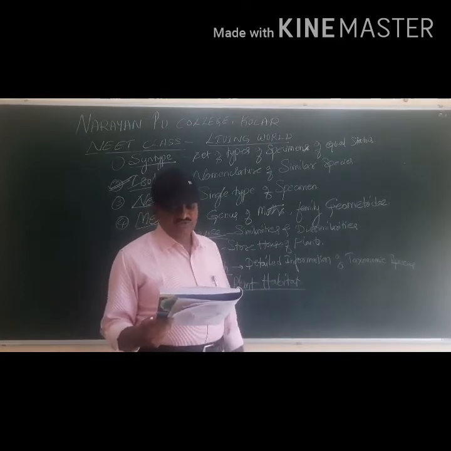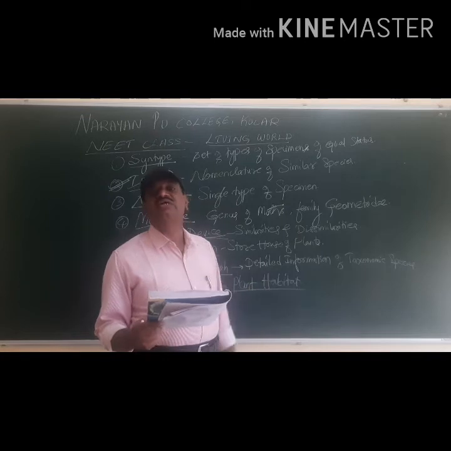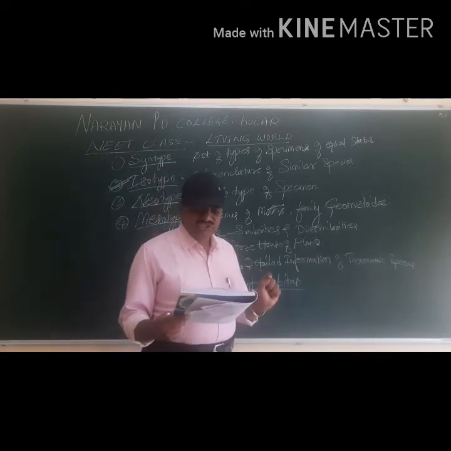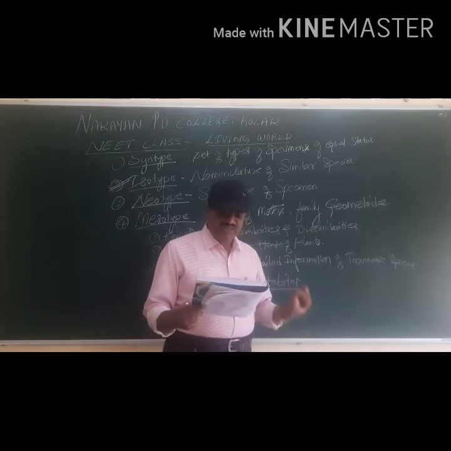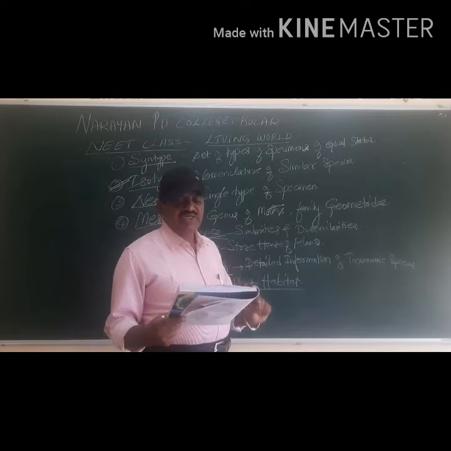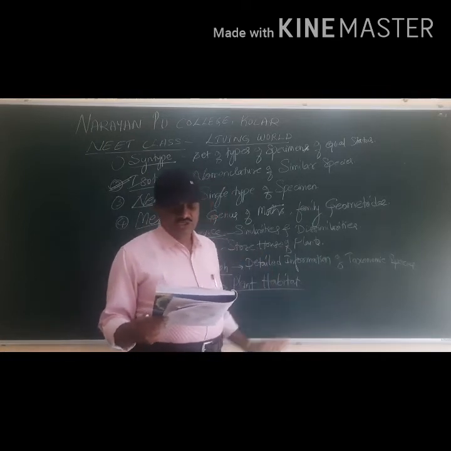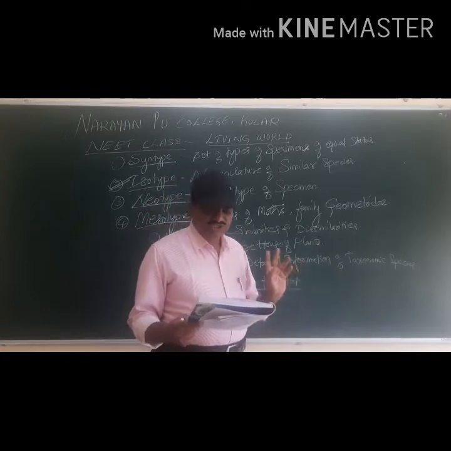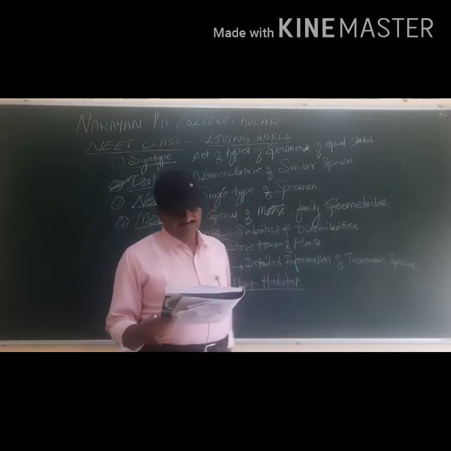Next, fourth option, Mangifera indica. This is right, because M of Mangifera is capital and indica is in small letters. This is the scientific name of a mango. So this is the correct matching.